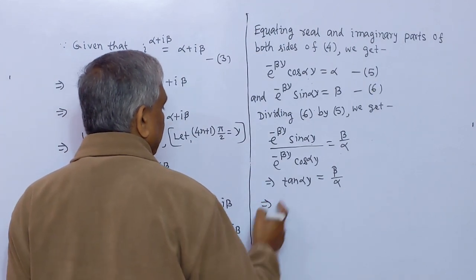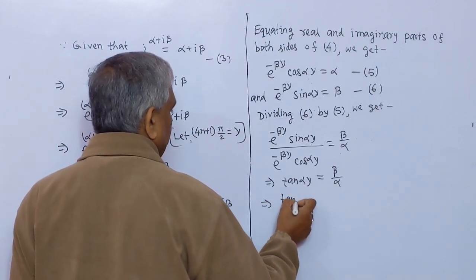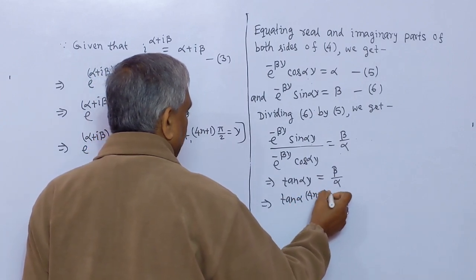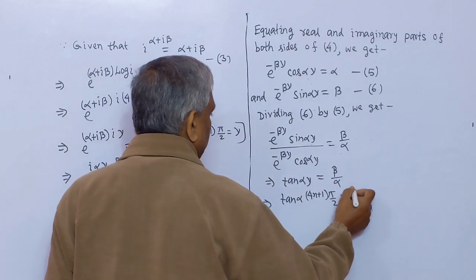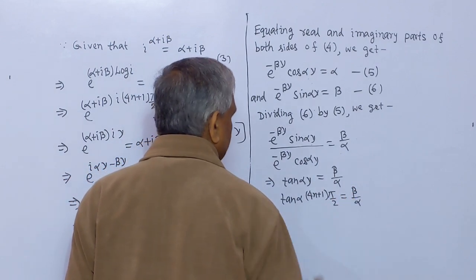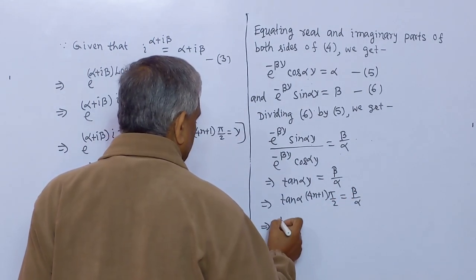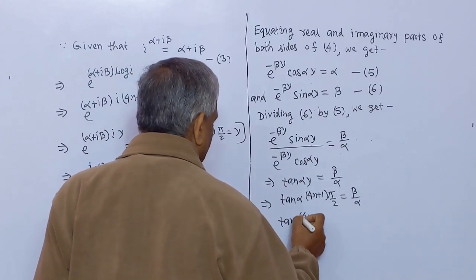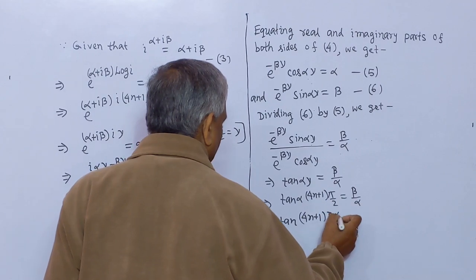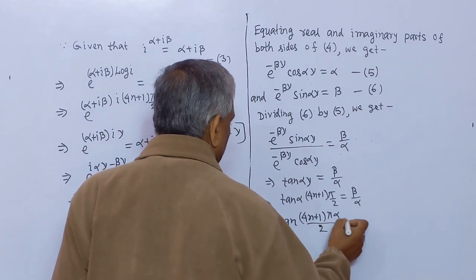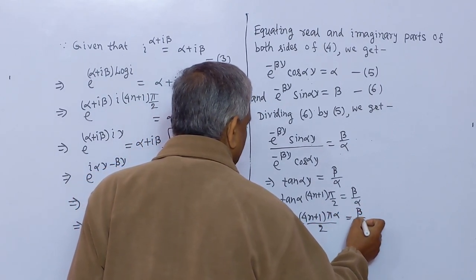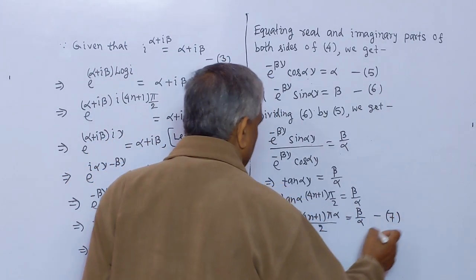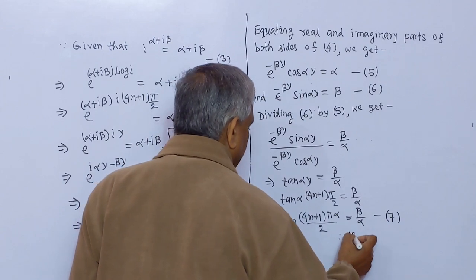Putting the value of γ, which is (4n+1)π/2, we get tan α(4n+1)π/2 = β/α, that is tan((4n+1)πα/2) = β/α. Let this be number 7. Therefore, the first part is proved.